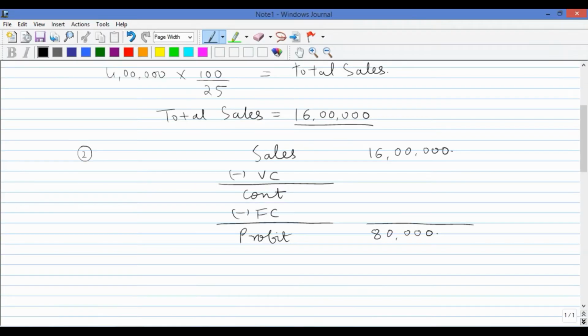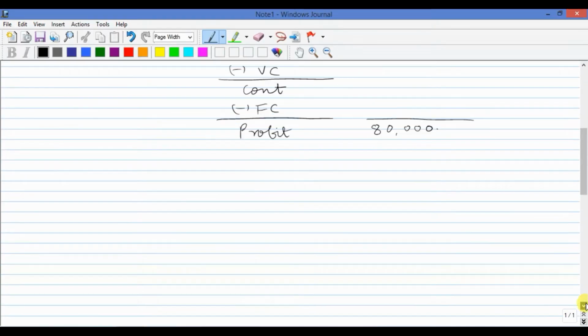If you have gone through the earlier lecture, I have said that the profit can be found out with this formula: the margin of safety sales multiplied by the PV ratio is going to give you the profit.